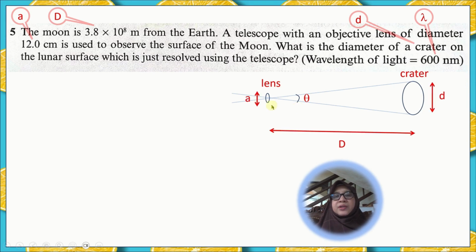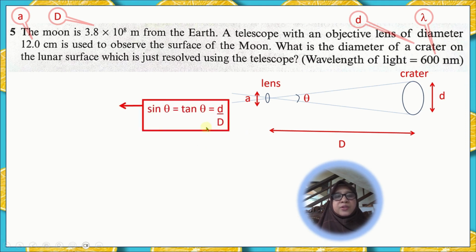The lens diameter is A, the crater diameter is D, and capital letter D is for the distance Earth to Moon. We use a trigonometric ratio to calculate this theta: tangent theta equals opposite D over adjacent, which is capital D, the distance Earth to Moon. Using the resolving power formula, theta equals 1.22 lambda over A.